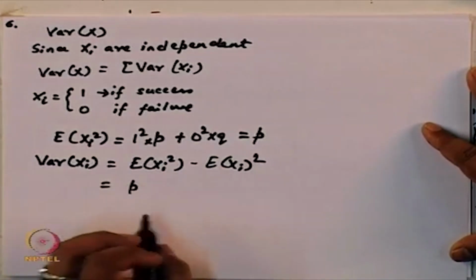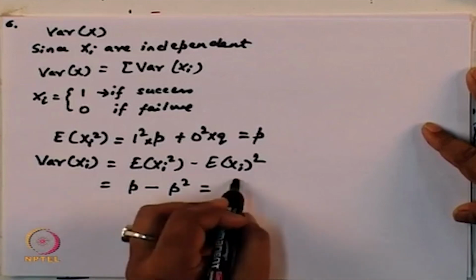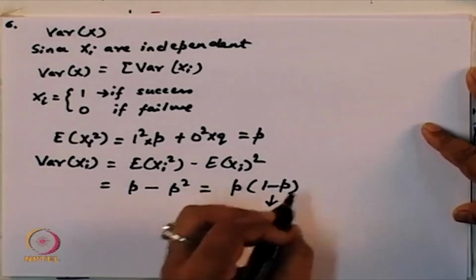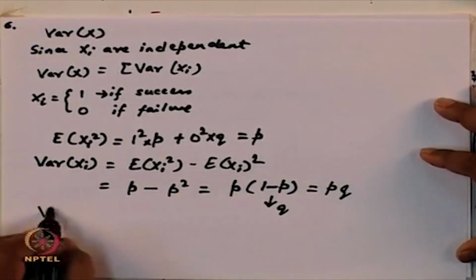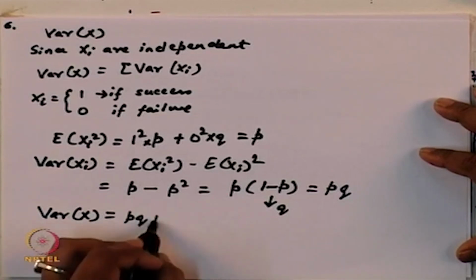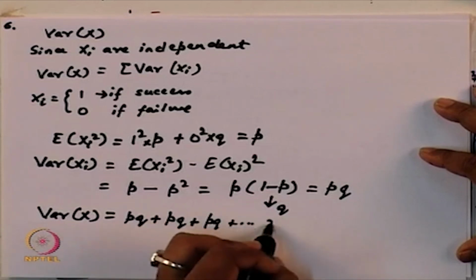This is p and this is p square. So, equal to p into 1 minus p, and 1 minus p is nothing but q. So, this is pq. So, variance of x then becomes pq plus pq plus pq, n times.